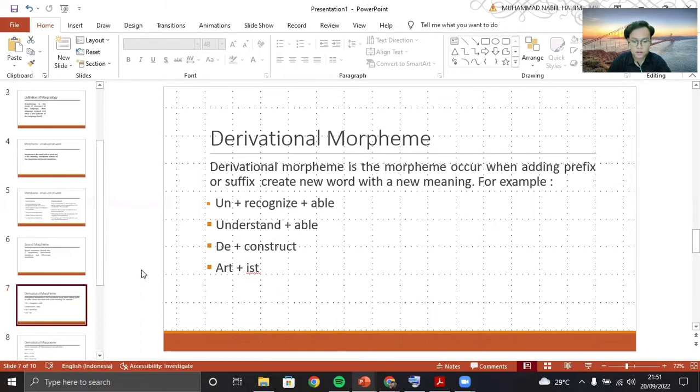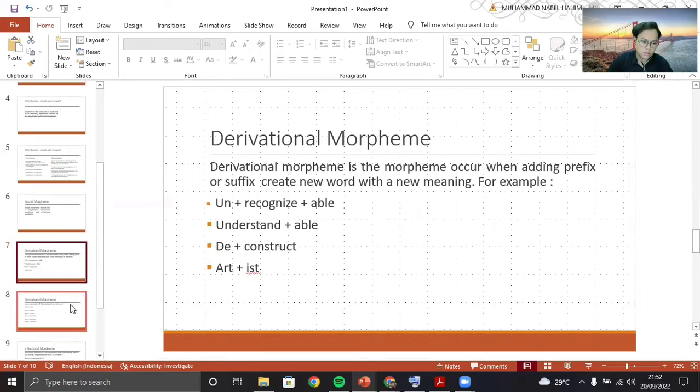And then we move to deconstruct. De itself is the derivational morpheme, or we add a prefix de, and then construct is the root. And then we move to artist. The art itself is a root, and then adding ist, it becomes a new word and a new meaning, artist.